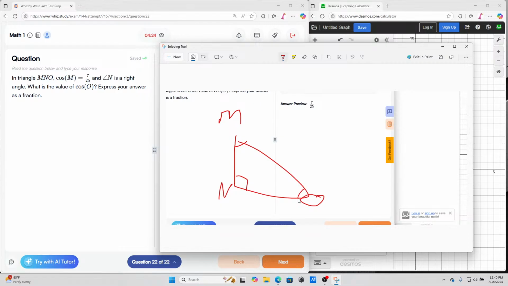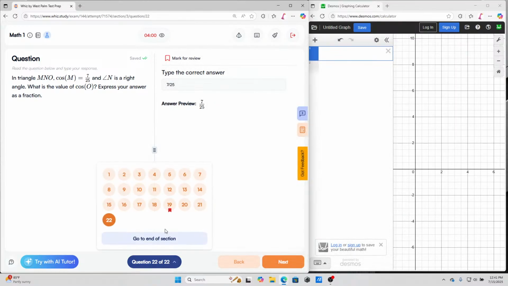So that means this is O. So cos of this. So the opposite of this is the same as the adjacent of this. So it should equal the same thing. So we're gonna go with that right there.